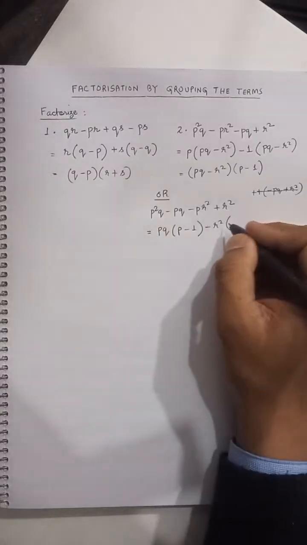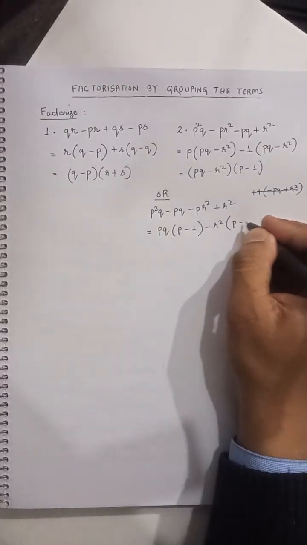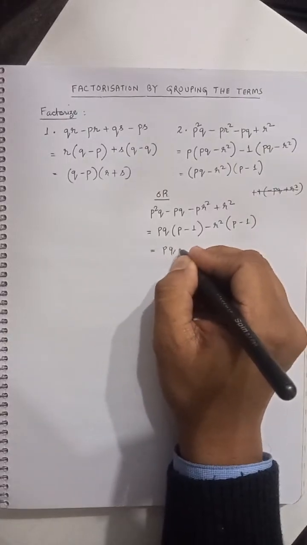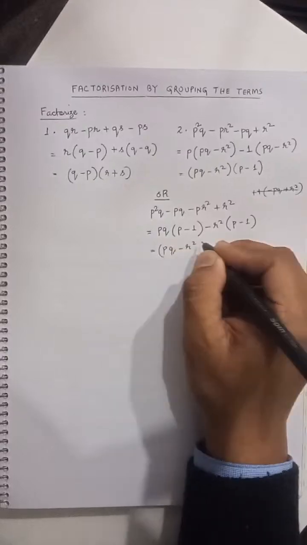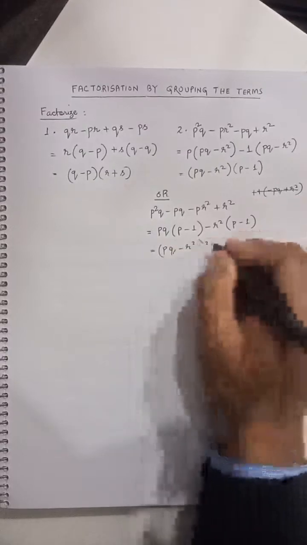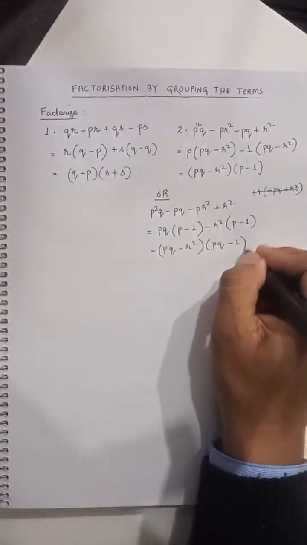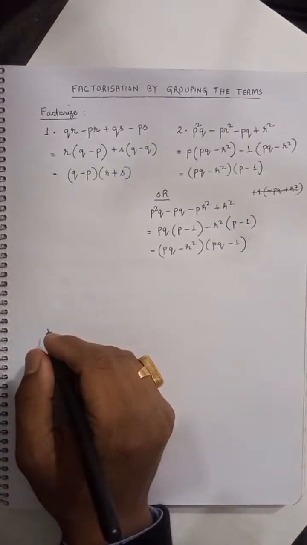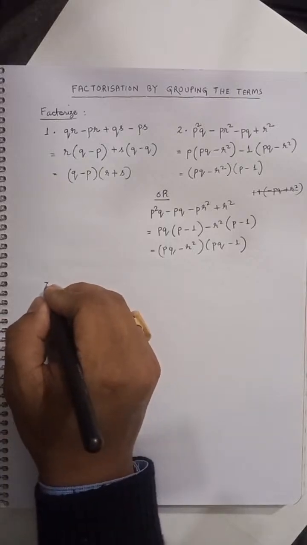So then we will have P and minus 1. So PQ minus R square, and we will have P minus 1. So this can be done in both the ways. Whichever way you feel easy, you may do. Let's try one more.